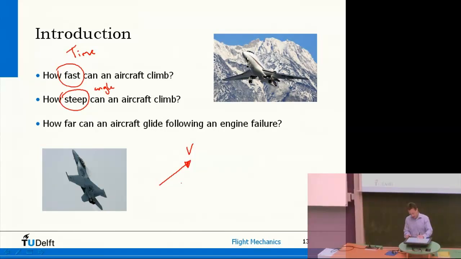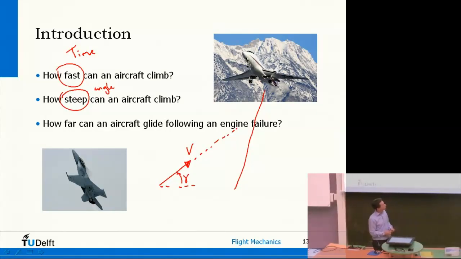This is the flight path angle. So this angle tells you how steep you're flying because you're simply following this path. So if there's a big mountain over here, then that's quite relevant. Of course you could also turn around, but that's a different story.